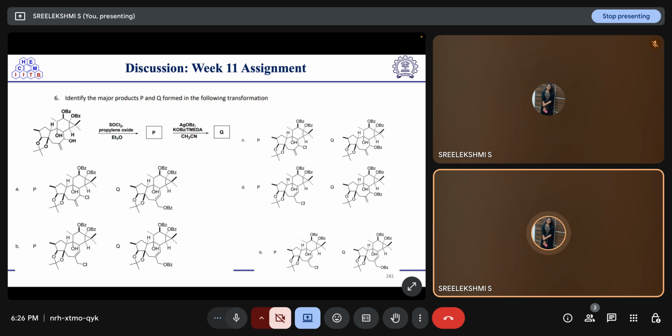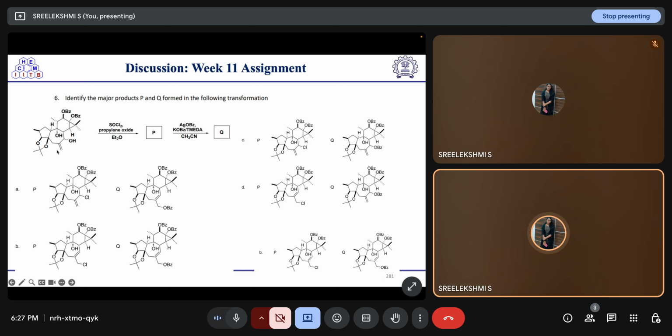So here the correct answer is option B. What is happening here? Firstly, with SOCl2 and propylene oxide, this allylic alcohol is eliminating, so the double bond will shift to here, and the chloride will attack, and we will be getting this compound.